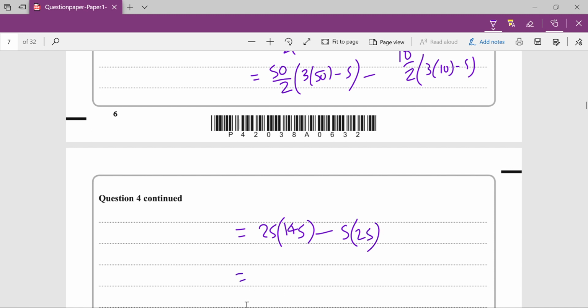And this would be equal to 25 times 140, which, if I consult my calculator, is 3,500. Right, so that's our answer for part B.